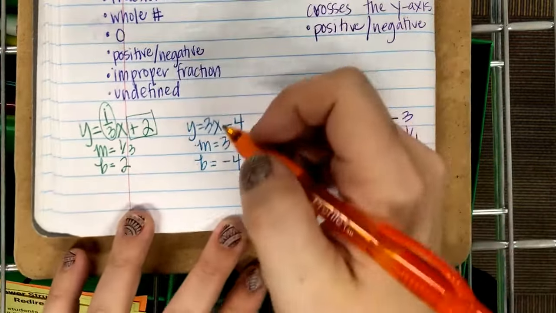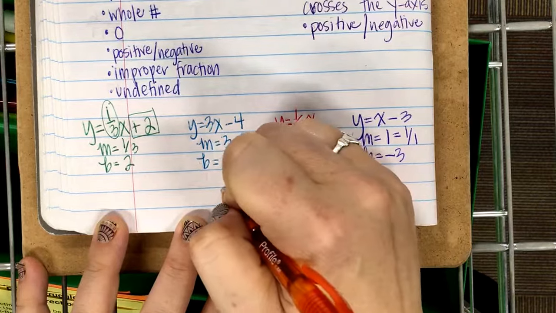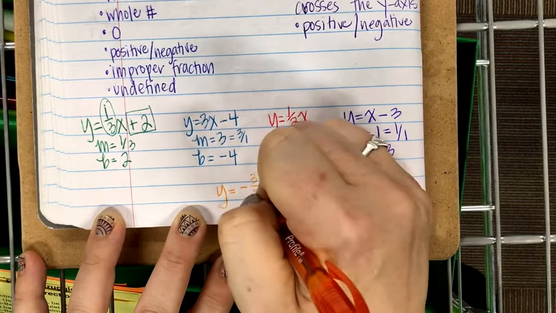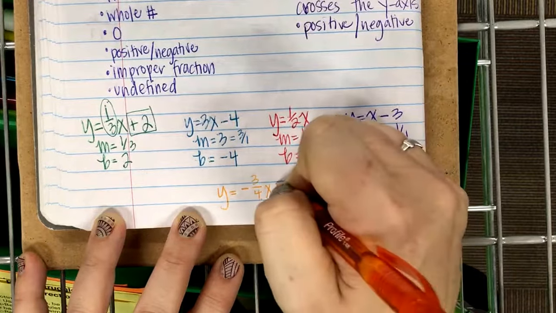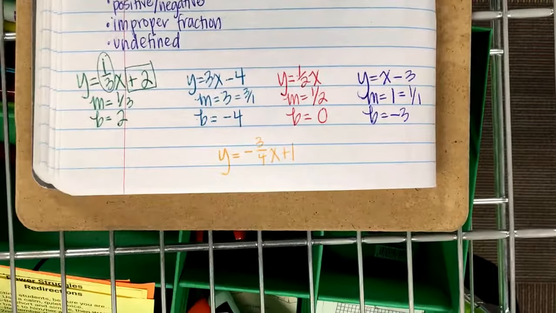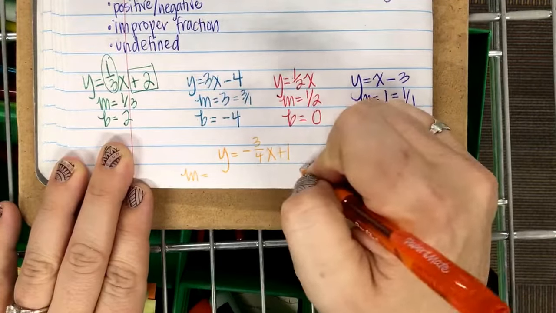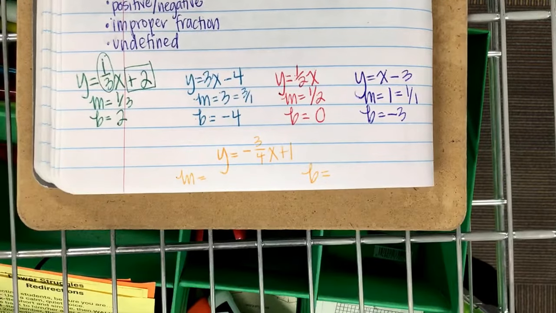Okay, last identification. Y equals -3/4 x plus 1. Tell me your slope. Tell me your intercept.